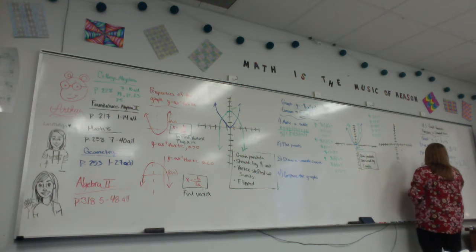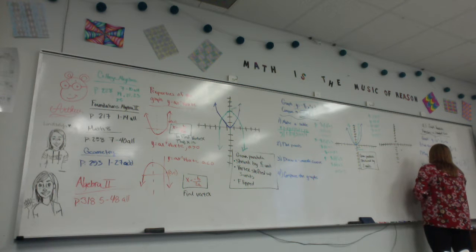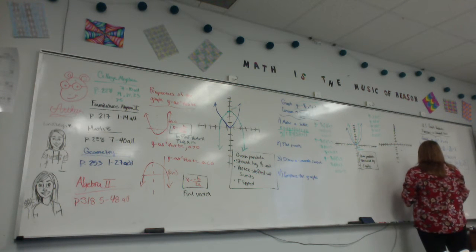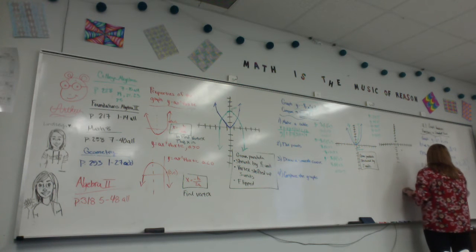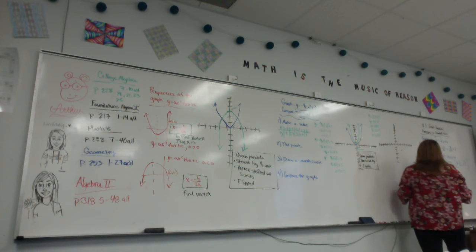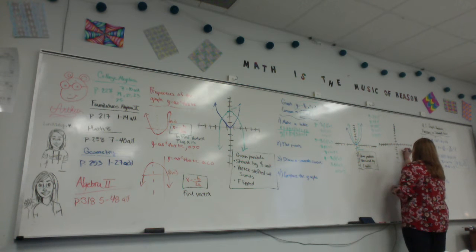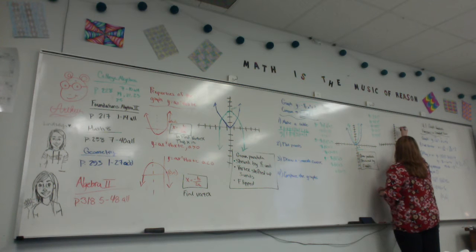Okay, so I'm going to say y equals 2 times 0 squared minus 8 times 0 plus 6. So I get what? You get 0 plus 6. So I get 6. So if I plug in a 0, I get positive 6, right? Let me change this color. So 0, 1, 2, 3, 4, 5, 6.